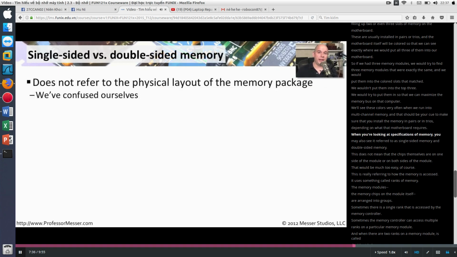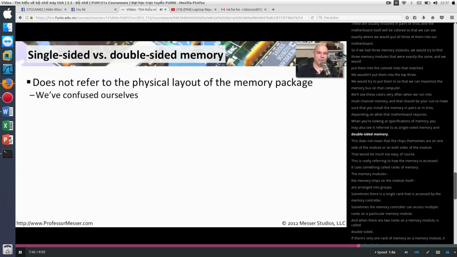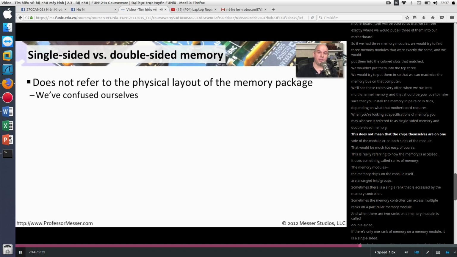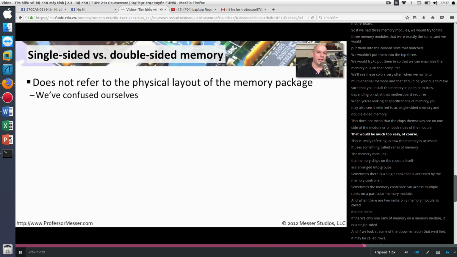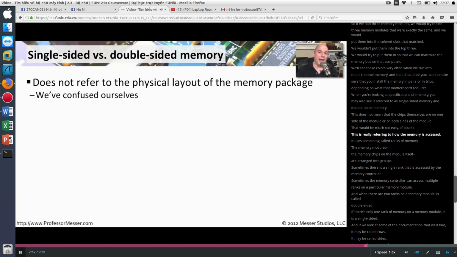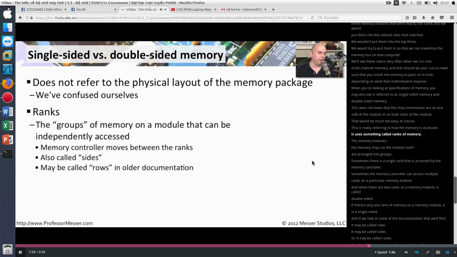When you're looking at specifications of memory, you may also see it referred to as single-sided memory and double-sided memory. This does not mean that the chips themselves are on one side of the module or on both sides of the module. That would be much too easy, of course. This is really referring to how the memory is accessed. This is something called ranks of memory.